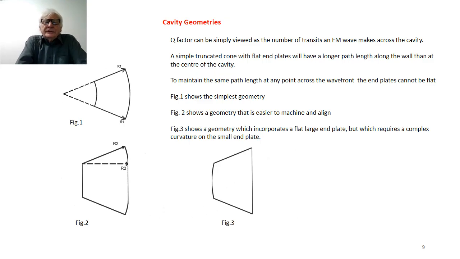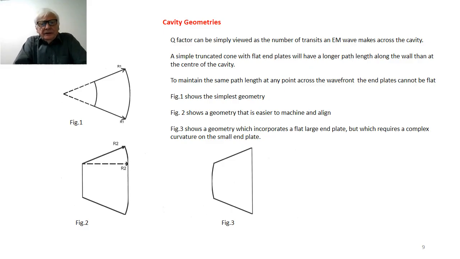It's important to maintain the same path length between the corresponding points on the small end plate and the large end plate. Otherwise, you get a significant phase error across the wavefront. And if this phase error is allowed to build up, it very rapidly destroys the Q of the cavity.